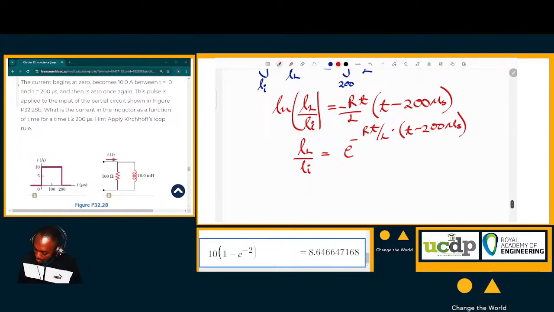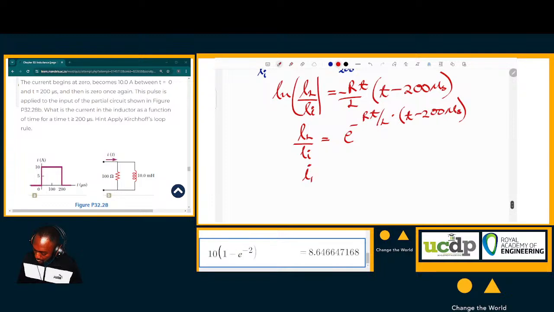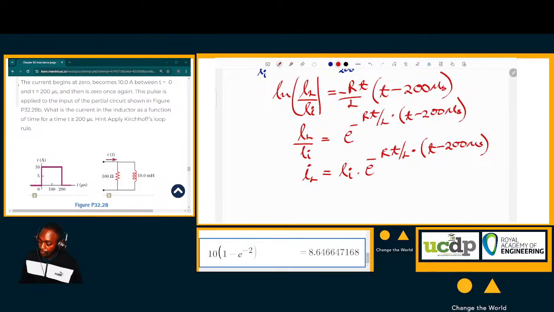Then you can take the initial current to that side, so I_L equals the initial current multiplied by e to the negative RT over L, bracket T minus 200 microseconds. Right, so this is now our equation which governs whatever happens beyond 200 microseconds, which is what our question is asking for.